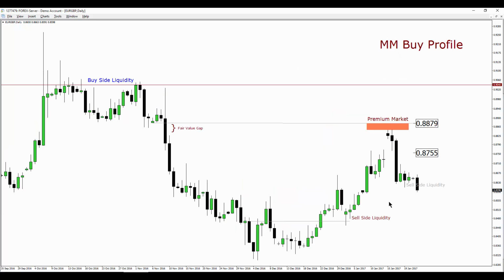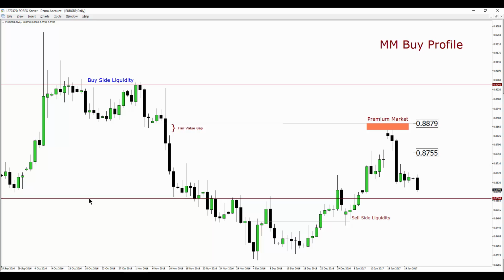And euro pound, we moved down below these candles in here, took out the sell side liquidity, and that's gone. And we'll probably deliver price to, well, we got two levels in here we can watch.